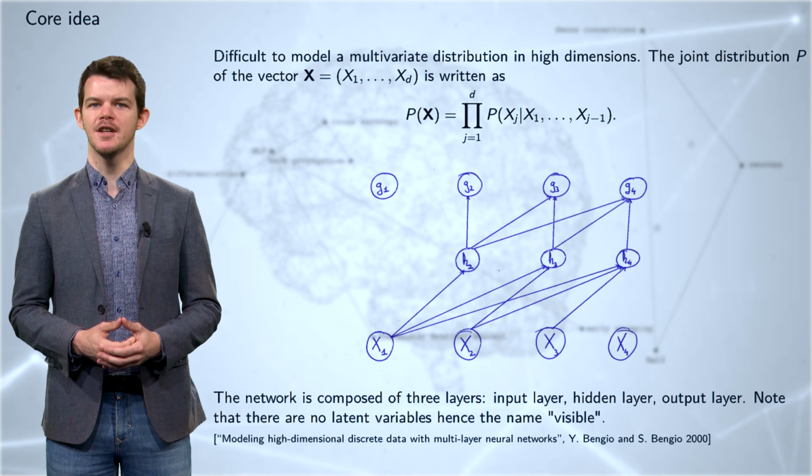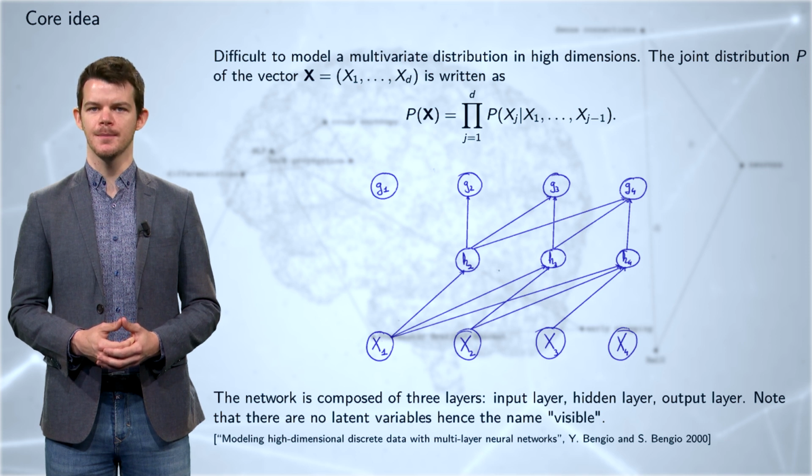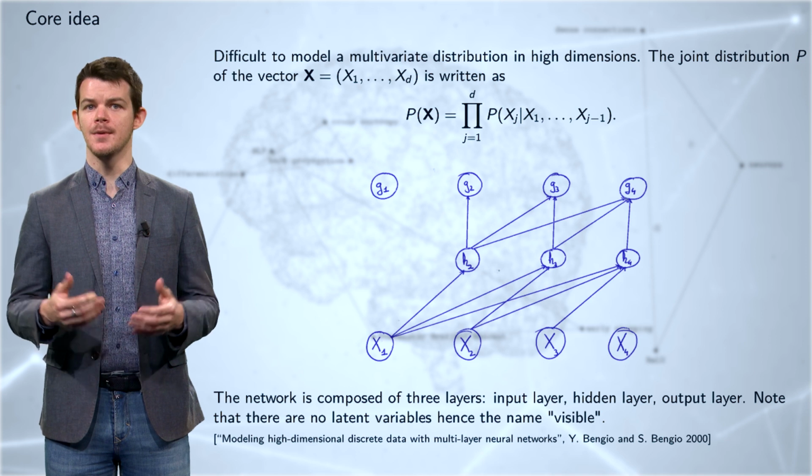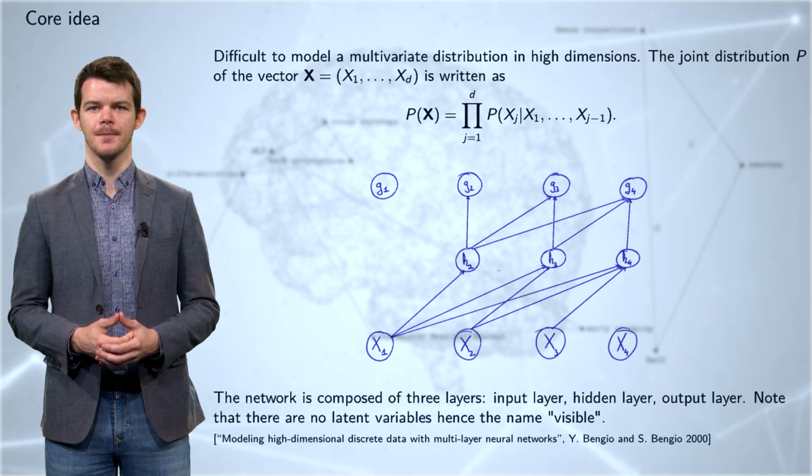Here, you see a scheme of the neural network we are going to use. The input variables are depicted at the bottom of the network. Here, the input space is of dimension 4. Then you have a hidden layer composed of units h2, h3, h4, and an output layer composed of units g1, g2, g3, g4.